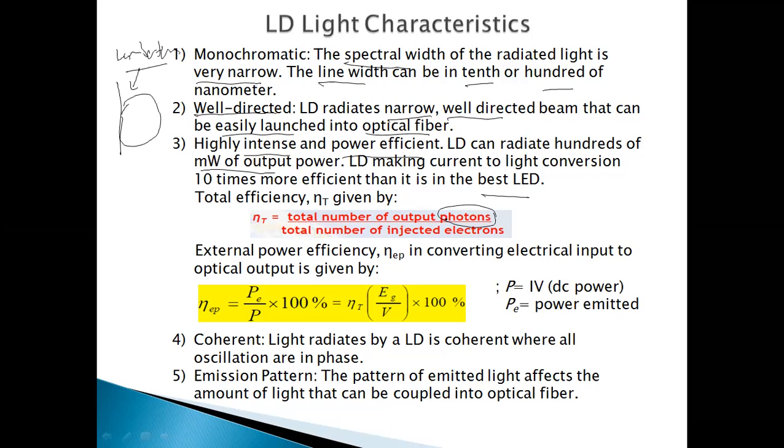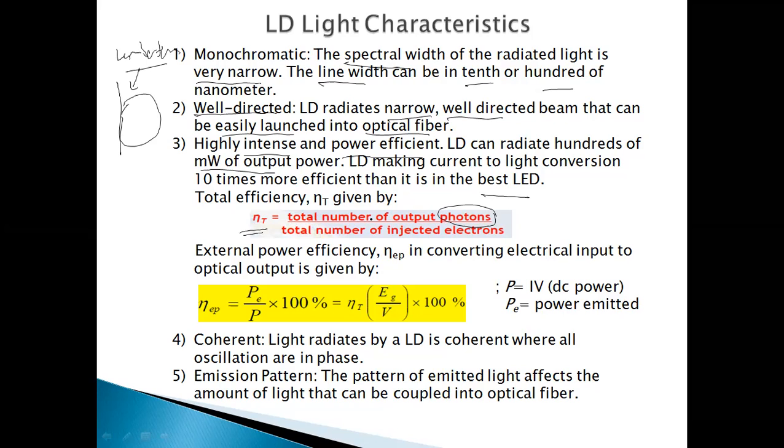In comparison, the LED is based only on spontaneous emission. So for the laser diode, with two methods of photon generation, spontaneous and stimulated emission, it will produce a very high number of output photons, and as such, the efficiency of a laser diode is bigger than the efficiency of the LED.